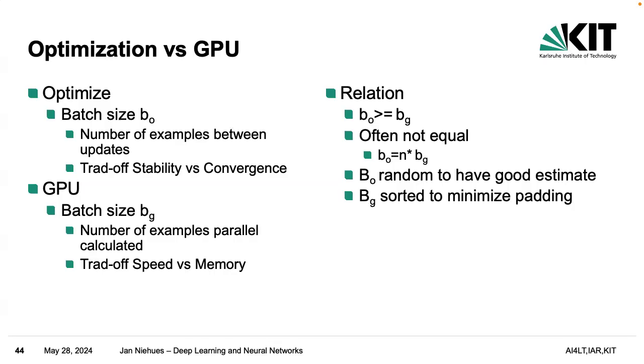Does anybody remember? So you have one sentence of length 3 and one sentence of length 5, but the calculation in the GPU always has to be the same. So how can we make the calculation for length 2 and length 100 the same? Yes? So we have to pad the sequence and later ignore this part of the calculations.